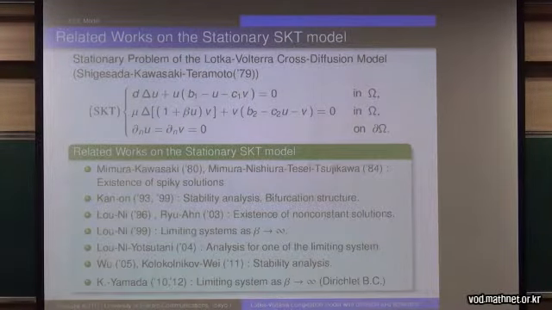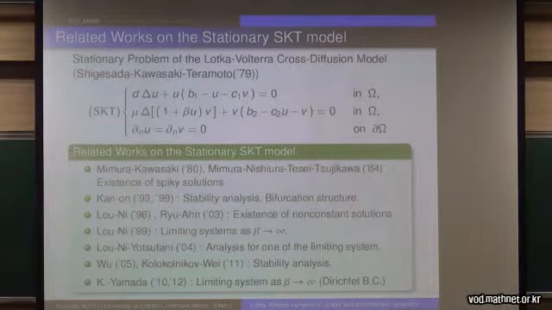Such a problem was first proposed by Professors Shigesada, Kawasaki, and Teramoto in 1979 as a more general form. Okay? Since that time, many mathematicians in the field of reaction diffusion equations have discussed various viewpoints. Okay? As for the stationary problem, I can refer to such good results on the stationary SKT system.